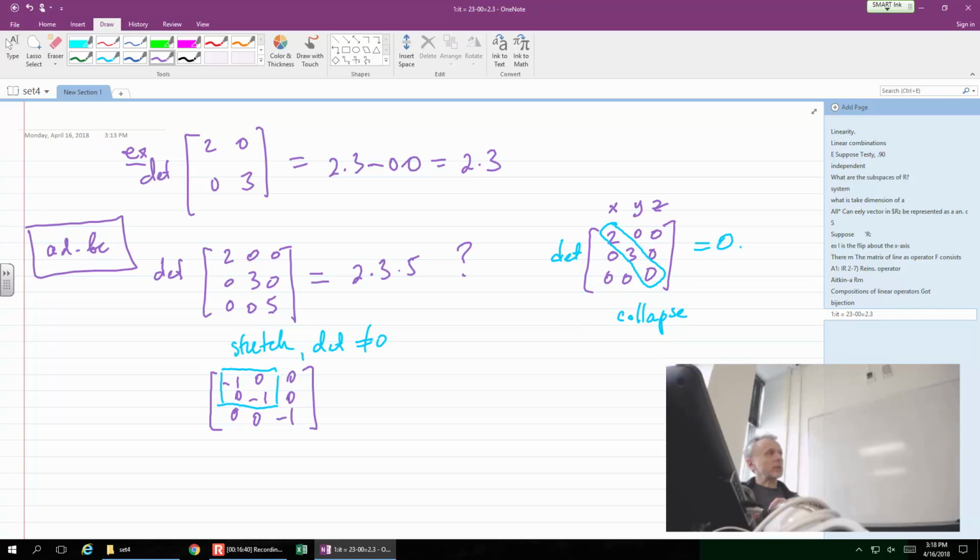So you flip it about the xy plane, yz plane, and xz plane. Does it reverse the orientation? Every flip reverses the orientation. So if you do it 3 times, you still reverse the orientation. But if you do it twice, you go back to the same orientation.